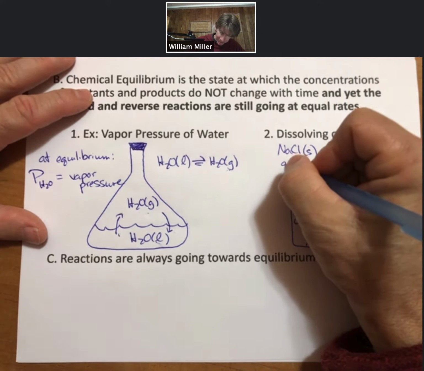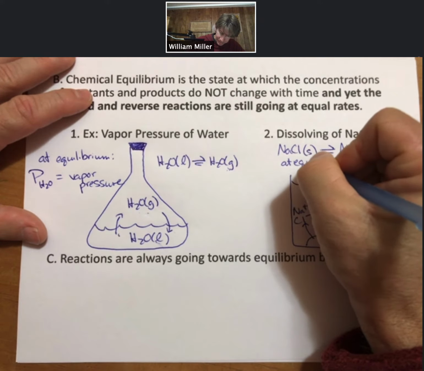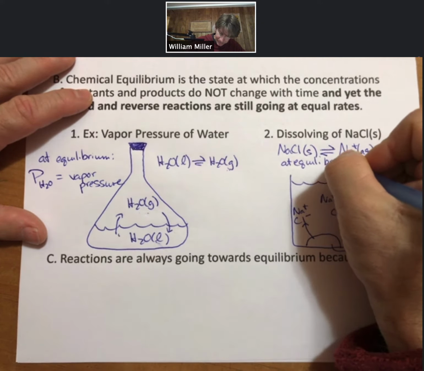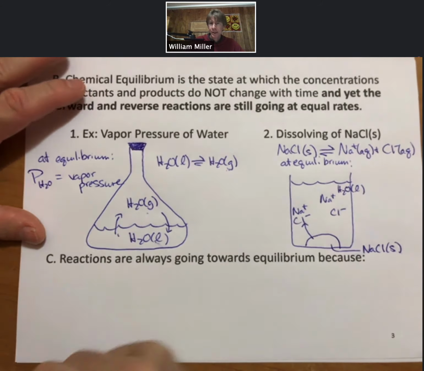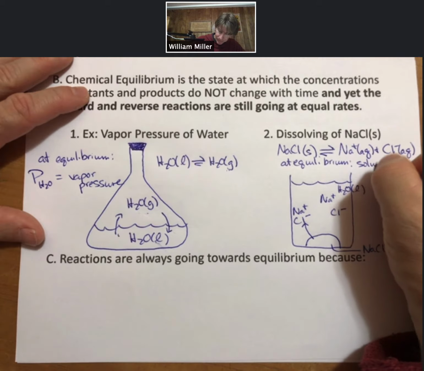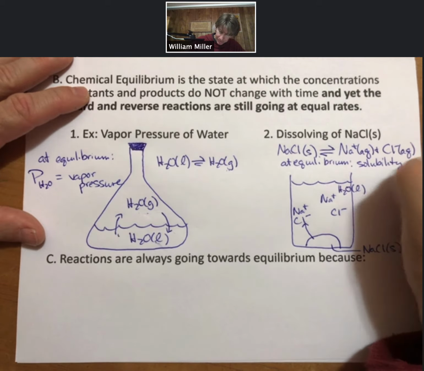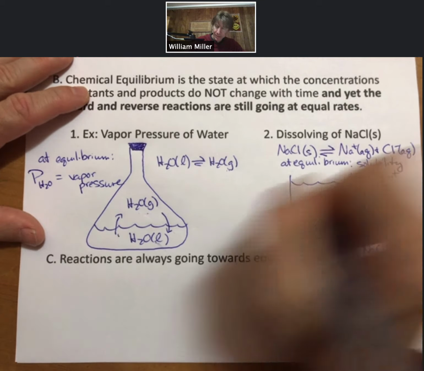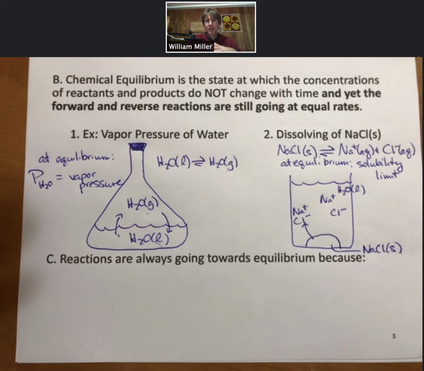So at equilibrium you are at what's called the solubility limit. And the approximate solubility limit of sodium chloride is 6.7 molar.